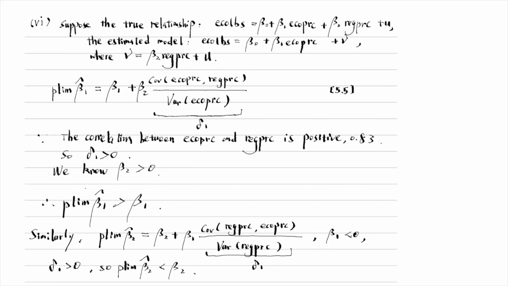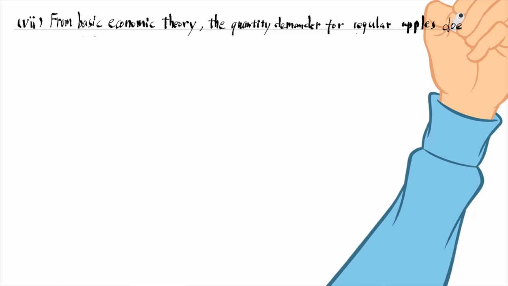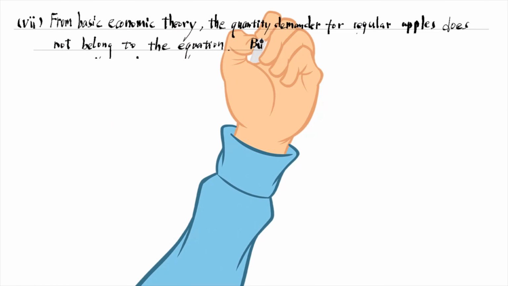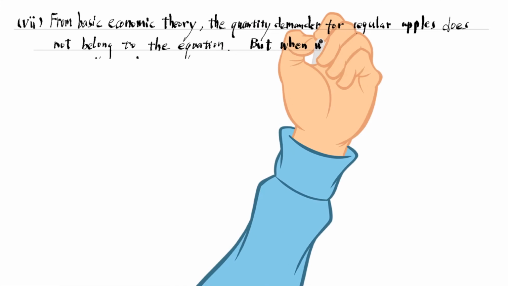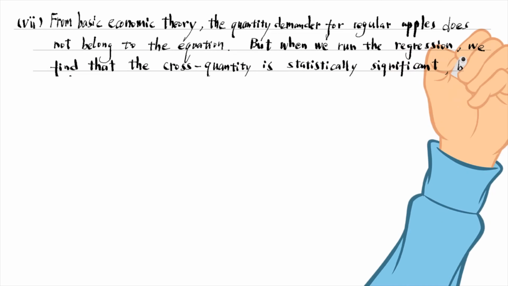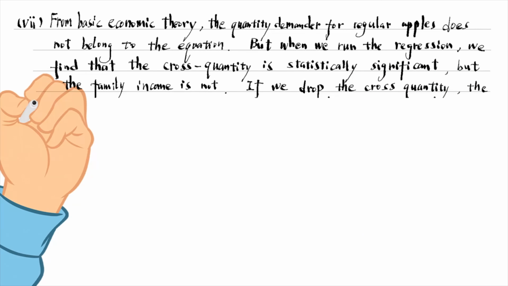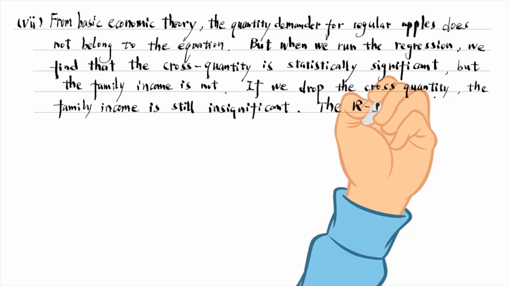For the last part, according to economic theory, the quantity demanded relates to the own price, the cross price, and the income. It seems that the quantity demanded for regular apples does not belong to the model. But when we run the regression, we find that the cross quantity is statistically significant, but the family income is not.